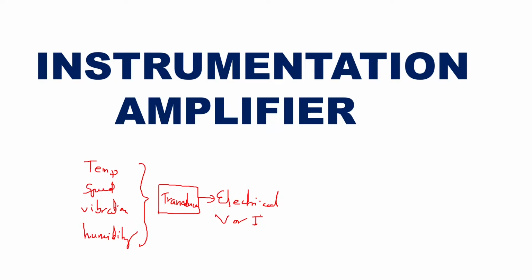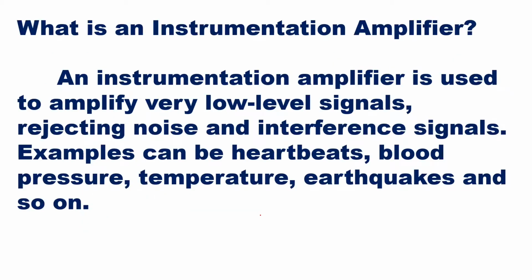So to amplify only the signal, only the information data out of the output of the transducer, and to eliminate all the noise or all the interferences which are going to disturb the information, that process can be done by an amplifier which is called an instrumentation amplifier. So first we'll see what we mean by instrumentation amplifier.